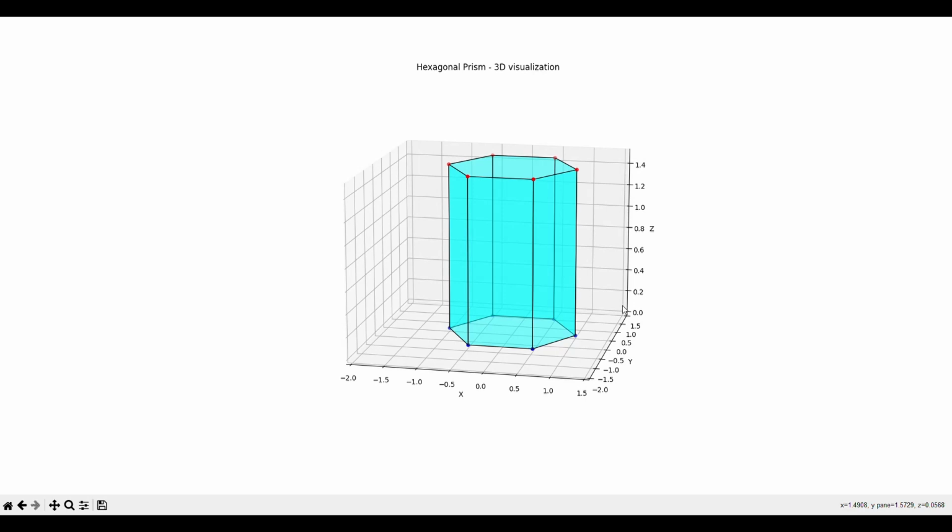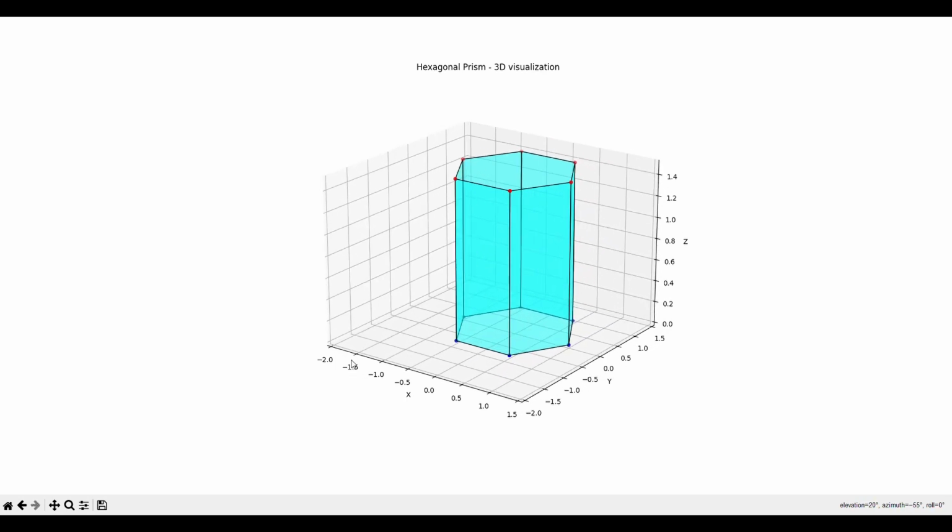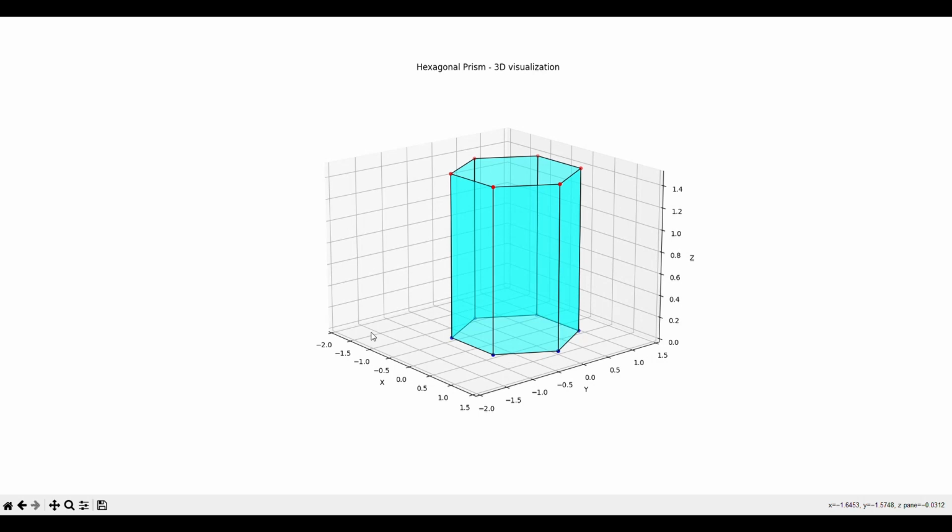The bases of a hexagonal prism are regular hexagons, meaning all 6 sides are equal in length, and all interior angles are congruent, which measure 120 degrees each. The volume of a hexagonal prism can be calculated using the formula V equals area of the base times height, where the area of the base is the area of one of the base hexagons and is calculated as a squared times 3 square root of 3 all over 2, where a is the side length of the hexagon.